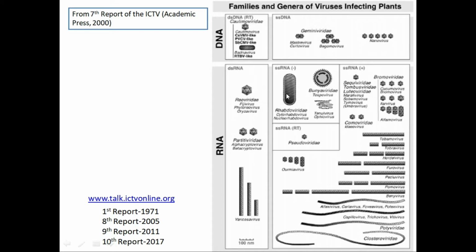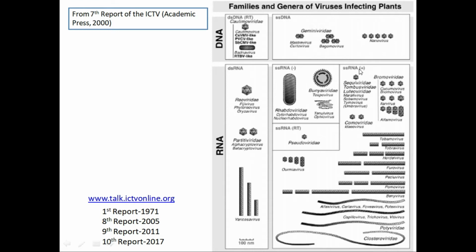Rhabdo means rod or bullet shape. So that is the reason: the virus particle has a bullet shape, so it is called the Rhabdoviridae family. Then Bunyaviridae. Under this we have Tospovirus, tomato spotted wilt virus. So this is also minus sense single-stranded RNA as the genome. So a few viruses have the single-stranded RNA minus sense genome.